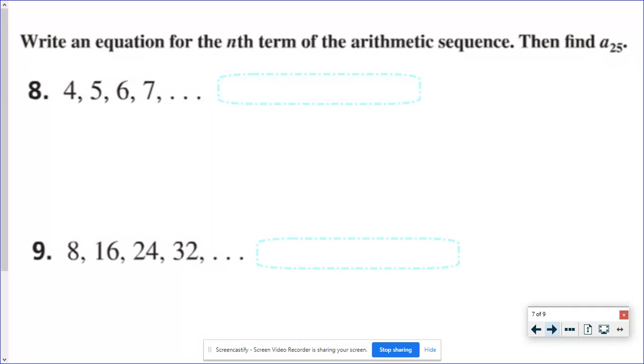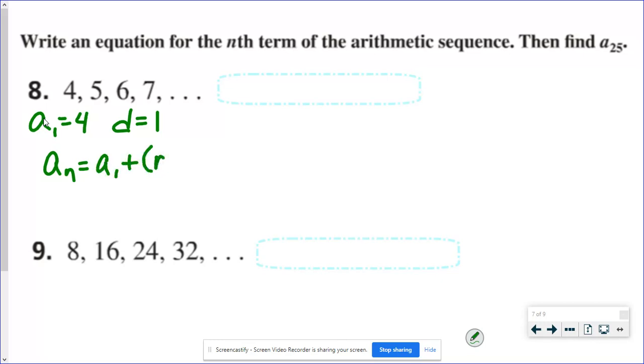So for this one, my first term, this is what I want you to do on every one of these. My first term is 4. My common difference, what's adding on each one of these? 1. So the explicit formula is a sub n equals a sub 1 plus n minus 1 times d.